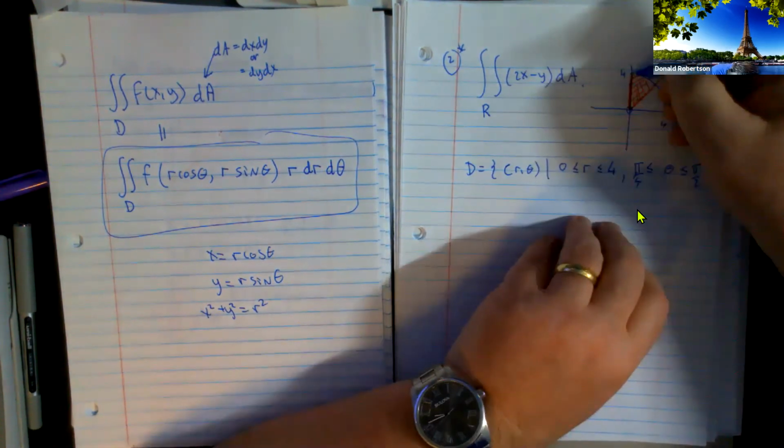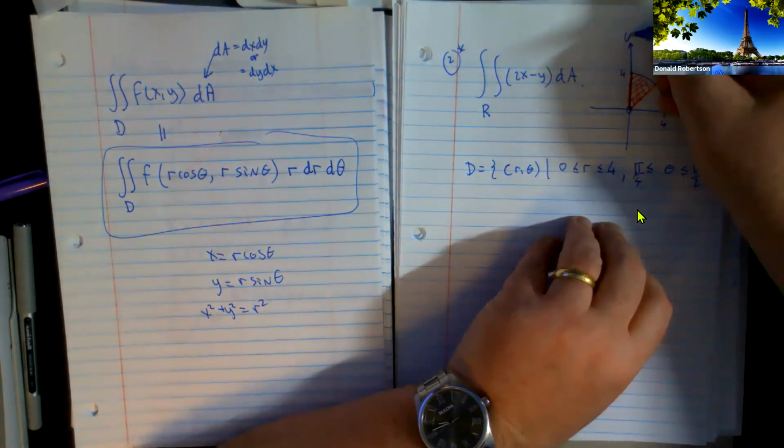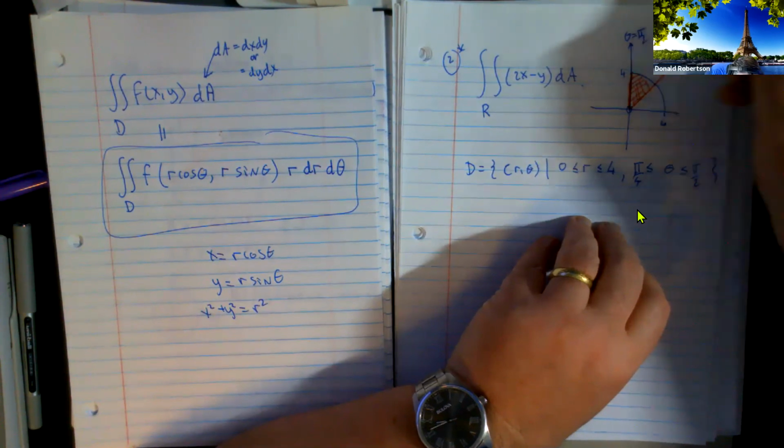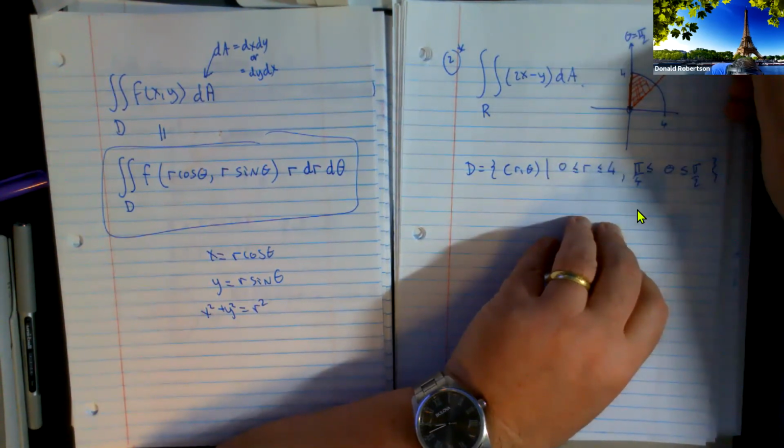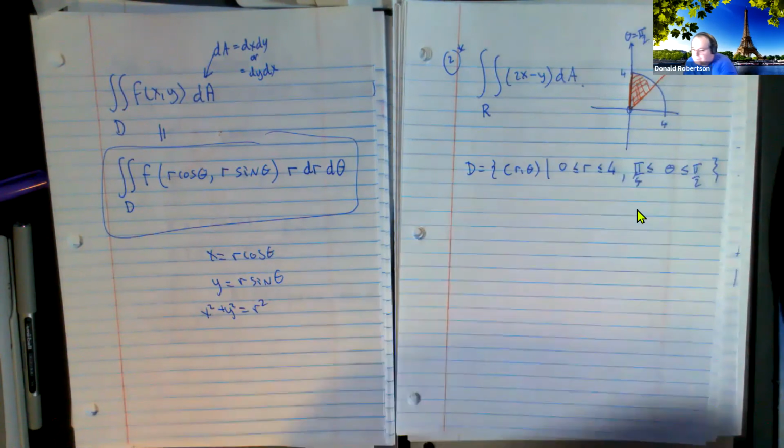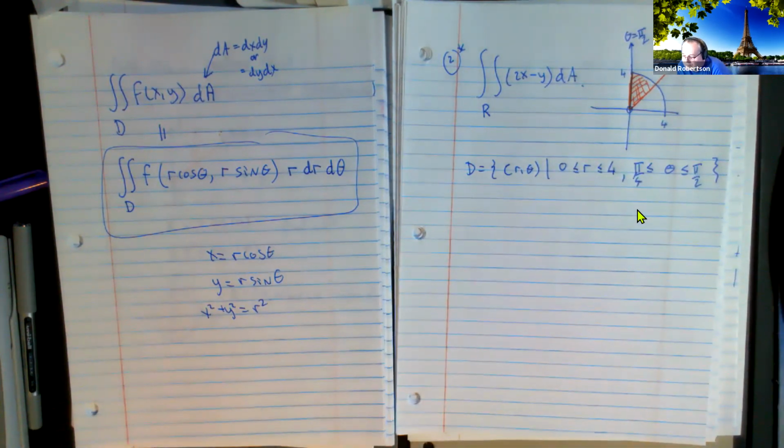So this line going that way has a theta of pi upon 2, and this straight line has a theta of pi upon 4. Does that make sense how we created that particular combination?